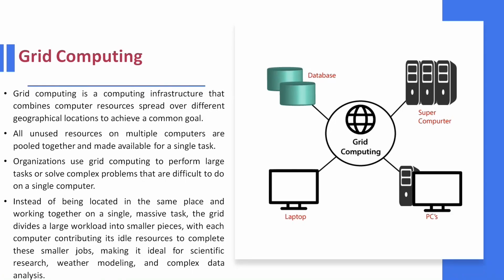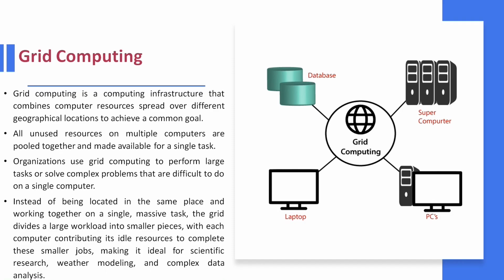All unused resources on multiple computers are pulled together and made available for a single task. Organizations use grid computing to perform large tasks and solve complex problems. Suppose you want to perform a complex task. It is not possible to perform it with a single computer, single machine or single infrastructure.